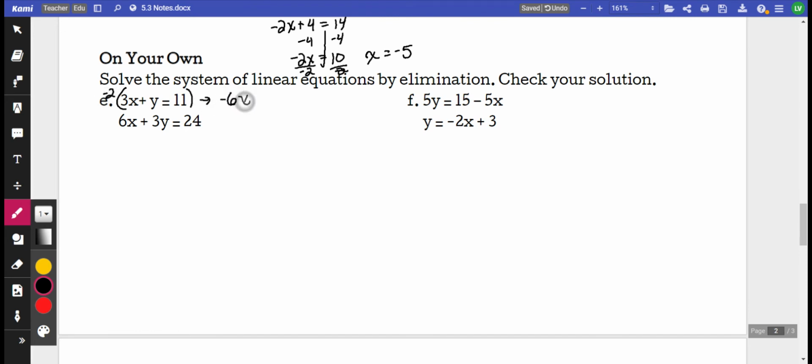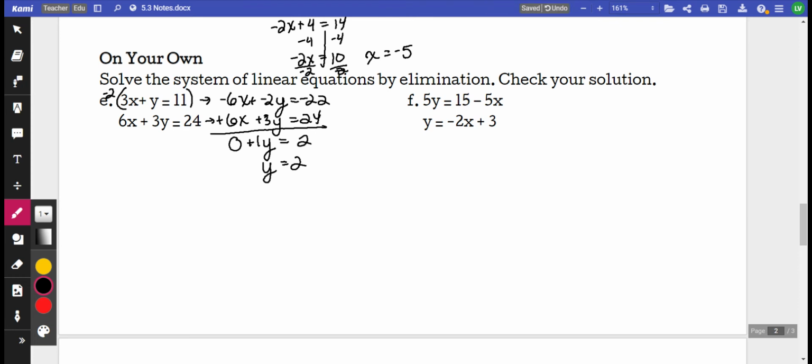So negative 6x plus negative 2y equals negative 22. And then the second equation, I just rewrite it. 6x plus 3y equals 24. I'm going to add these equations. 0 plus 1y equals 2. y equals 2.